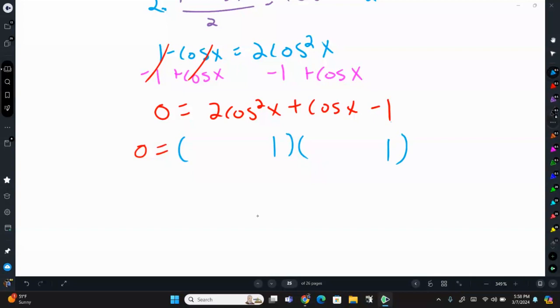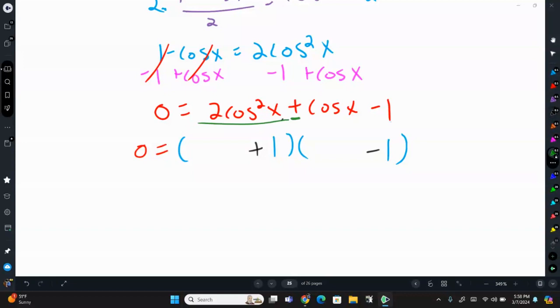Because we are multiplying to get negative 1, one of them has to be plus and one of them has to be minus. Then the first two terms, one of them has to be cosine x, the other one has to be 2 cosine x, so that way we can multiply and get 2 cosine squared x. But we want a positive cosine when we add our middle terms.